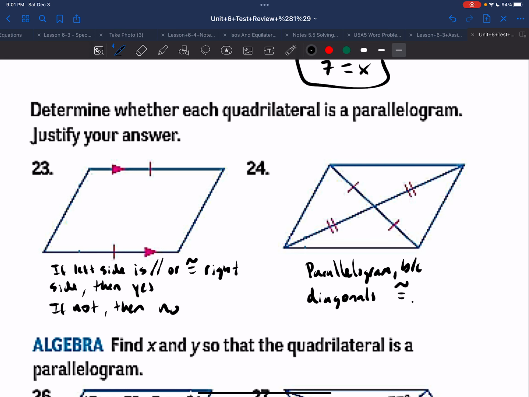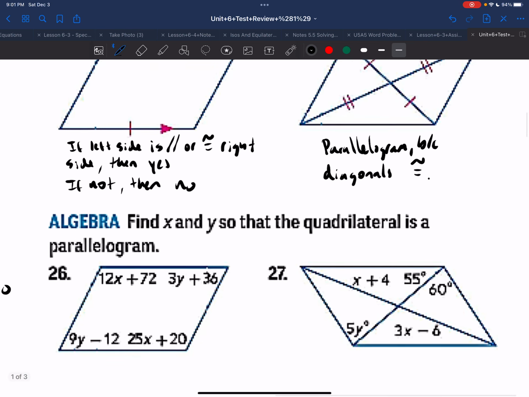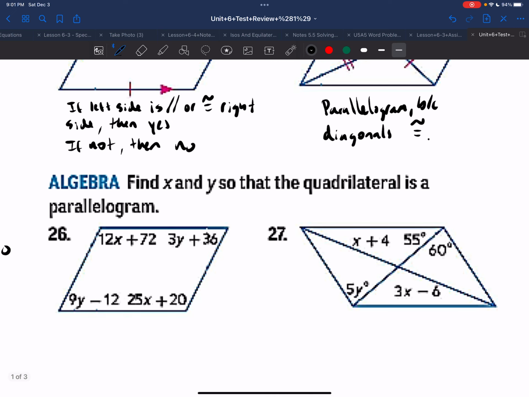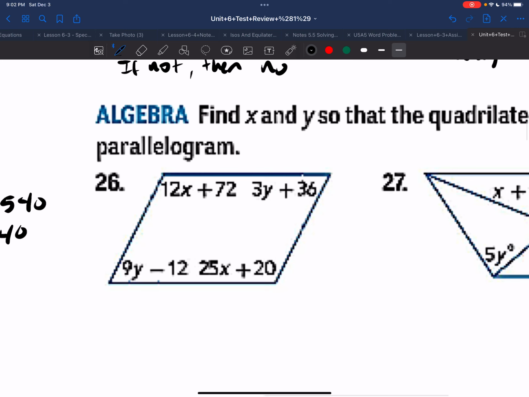bisect each other. Okay, algebra: find x and y so that the quadrilateral is a parallelogram. So let's take a look at number 26. One of the properties of a parallelogram says that opposite angles are congruent. Hold on, let me go ahead. So opposite angles are congruent, and this angle and that angle are congruent, so I can set them equal to each other, and then solve for x in this case.